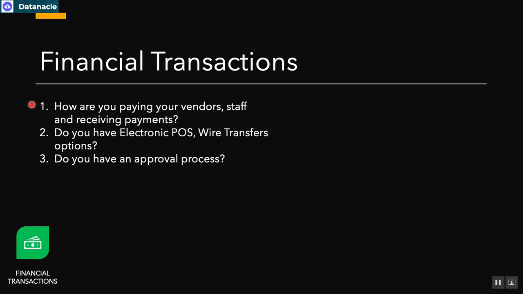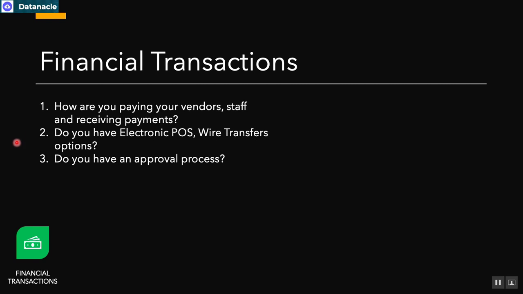So number one, in more detail, are you printing checks in terms of how you're paying your vendors or your staff, or is a third party company managing your AP or your AR? Number two, do you have electronic POS wire transfer options? Essentially, do you have electronic systems that are not limited, or are you still sending a check printer to your AP supervisor along with the blank checks? Something that obviously requires a lot of trust.